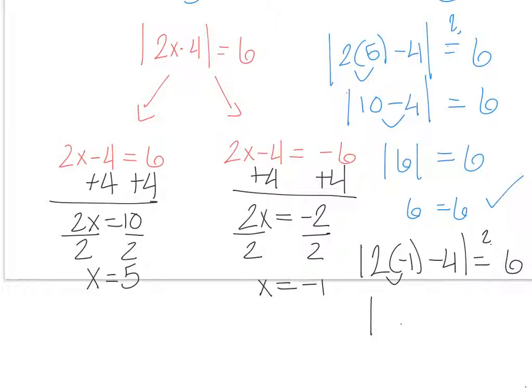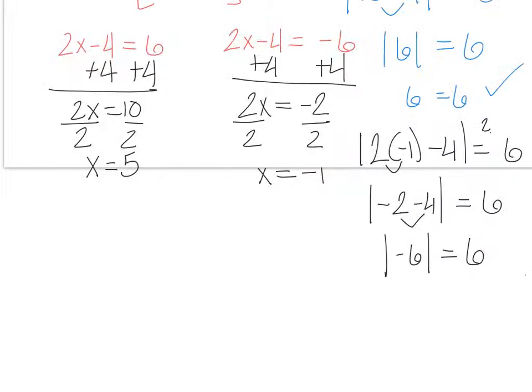So I'm going to multiply. 2 times negative 1 is negative 2, minus 4 is equal to 6. Subtract, negative 2 minus 4 is negative 6 is equal to 6. And notice how my absolute values are still there. So now I'm going to take the absolute value of negative 6, which is 6, and that's equal to 6 as well. So my two solutions are x equals 5 and x equals negative 1.